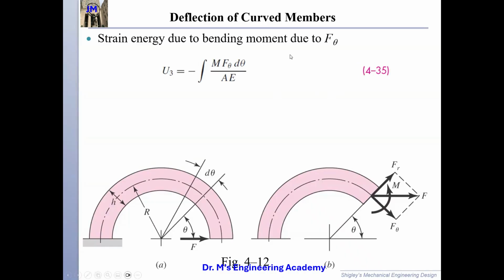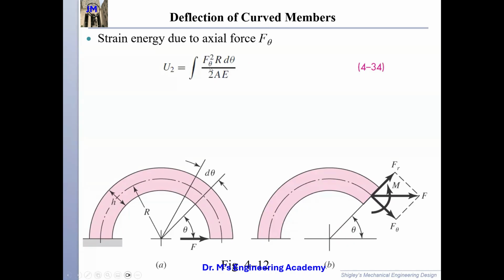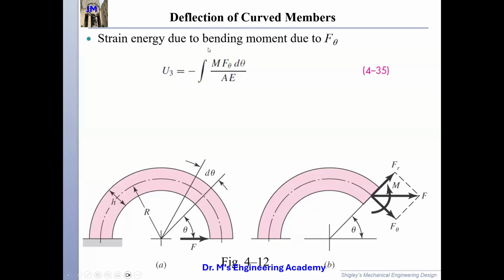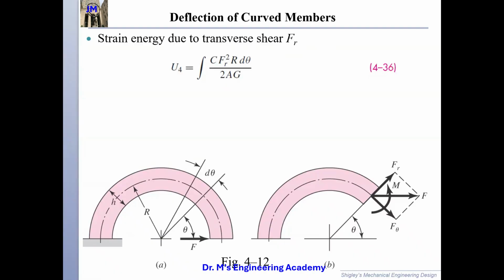And then the bending moment due to F theta, sorry guys, this one is the axial force. We just move this axial force to the neutral axis. So this is the bending moment due to F theta. We have this U3. And then the transverse shear FR, and we use this.